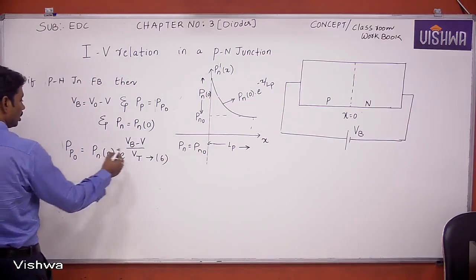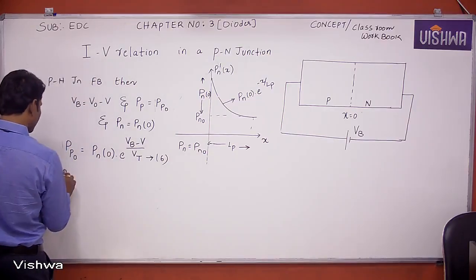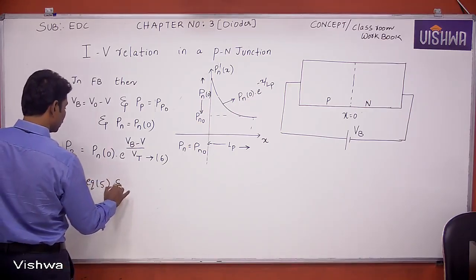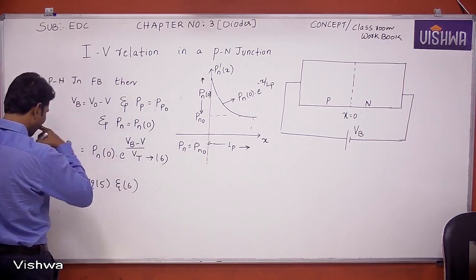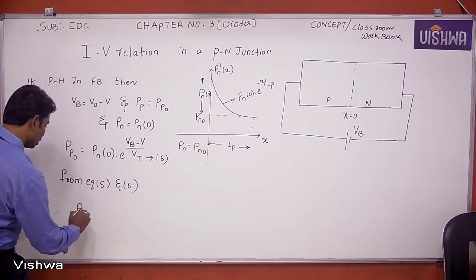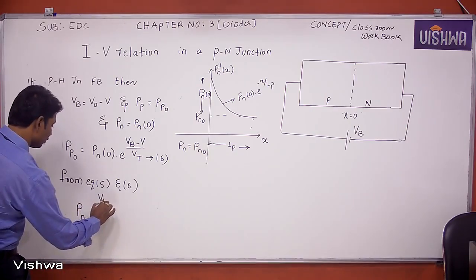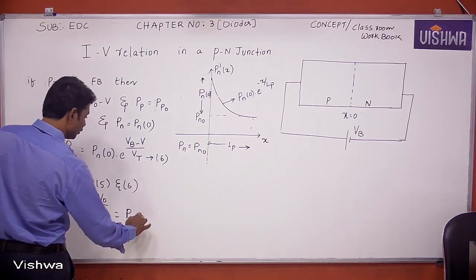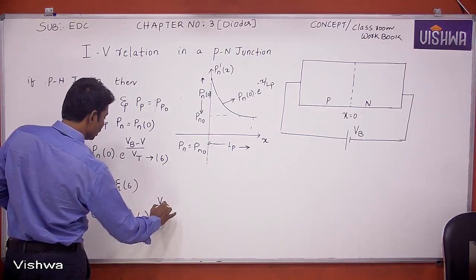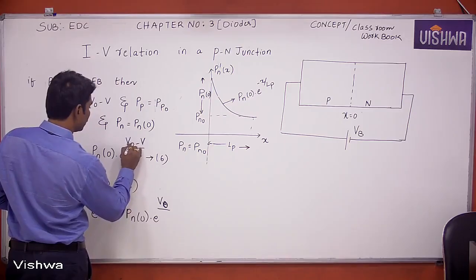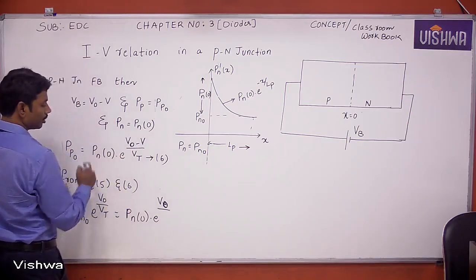Now from equation 5 and 6, Pn0 into e power V0 by Vt equals Pn of 0 into e power V0 minus V by Vt. Sorry, this is V0, small correction.